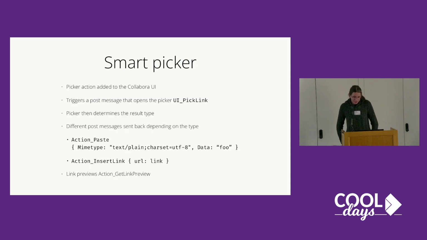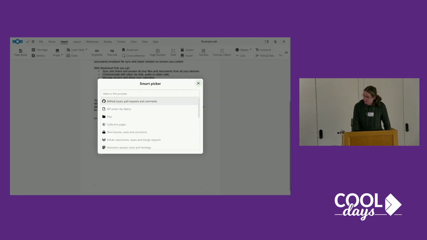Then the next thing that we released with our latest major release is something we call the Smart Picker. I'm not sure if I can use the cursor as well, just to show you what it looks like, because the name without seeing the user interface might not be that obvious. It is an interface that lets the user pick different sources.